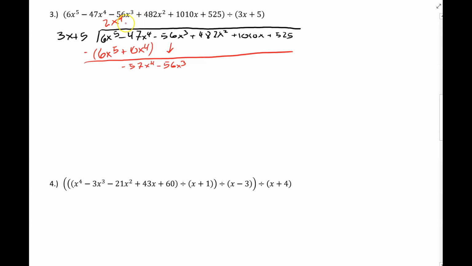Well, clearly it has to be negative, right? And if I take 57 and I divide it by 3, I get 19. So it's going to be 19. And then the x part, what power of x do I need? To the 3rd, because x to the 3rd times x to the 1st is going to give me the x to the 4th. So I multiply that to both terms. So I get 57x to the 4th. And negative 19 times 5 is negative 95.